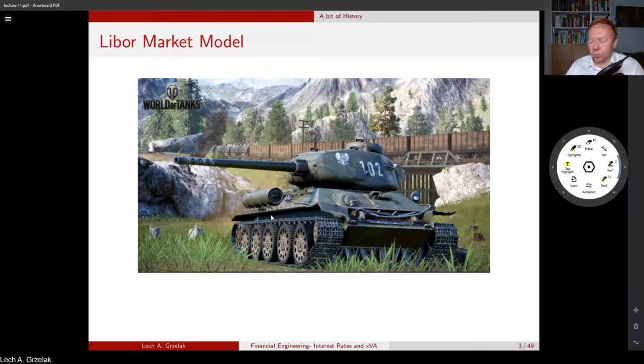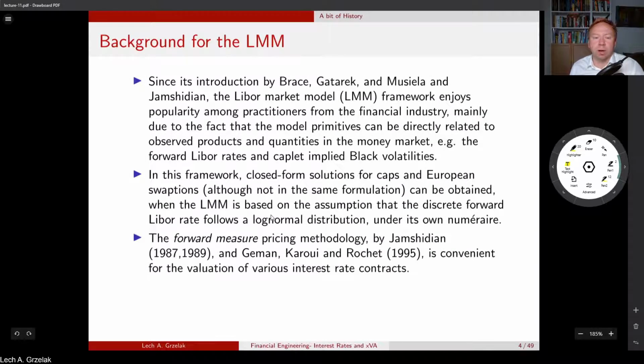So let's go first to the history of the framework. The framework was already developed many years ago. It was initiated by Brace, Gatarek, and Musiela, who developed this framework of connecting different Libor rates into one coherent framework.